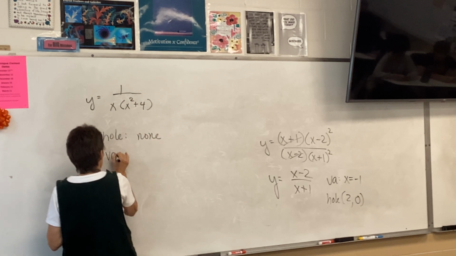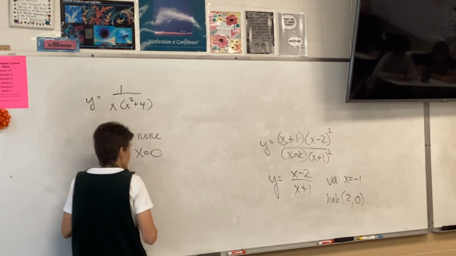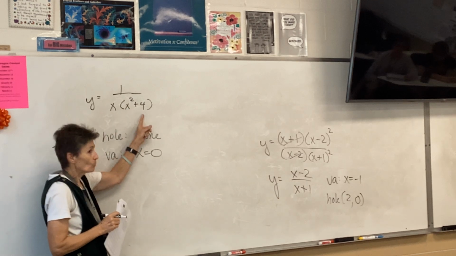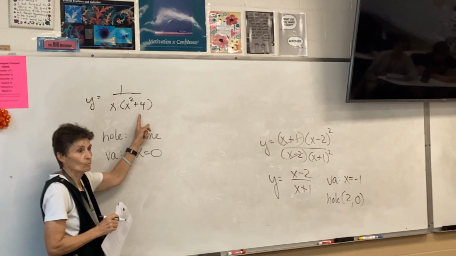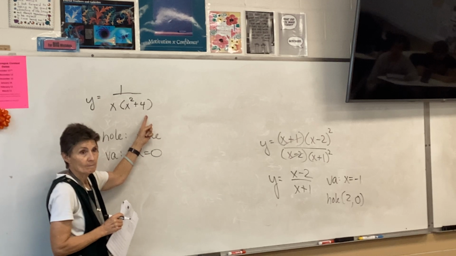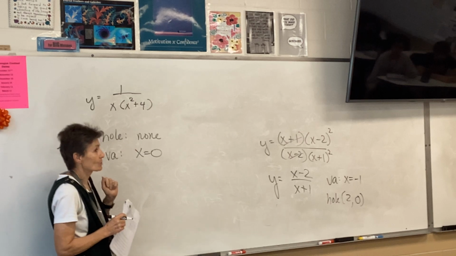Do I have any vertical asymptotes? X equals 0, yep, just 1. Because that will never equal 0. Well, with real numbers, that will never equal 0. So we have 1 vertical asymptote, no holes.